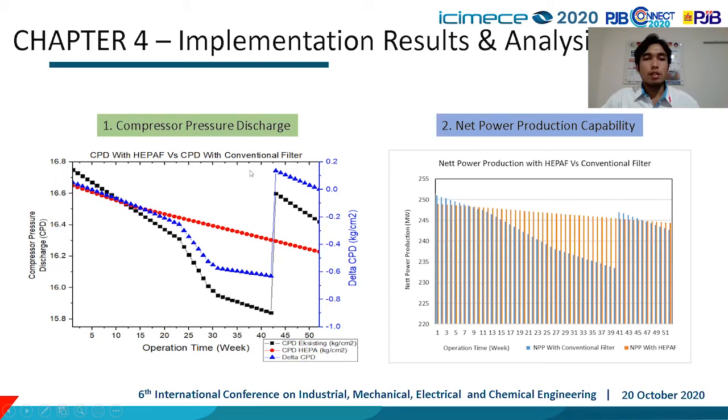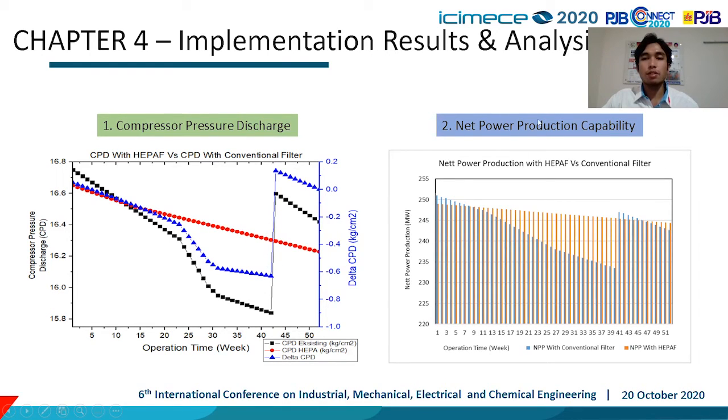The CPD for the conventional filters decreases as time goes by until it reaches the minimum point, and at this time the offline bed washing is performed. When offline bed washing is performed, the F-Series gas turbine must be in offline mode, so electricity is not produced at this time point.